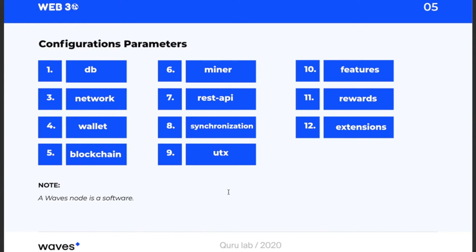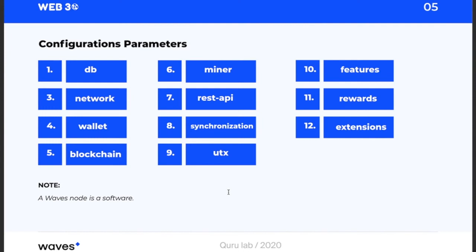Another one there, the second one, oh sorry, I made a mistake in my numbering. The second one there is the network. What is this parameter used for? The parameter is where the rules on how nodes communicate with each other are defined. Remember, there are different miners on the network.